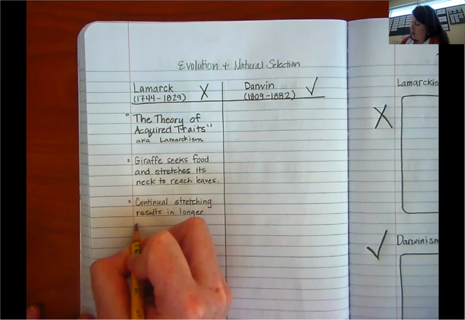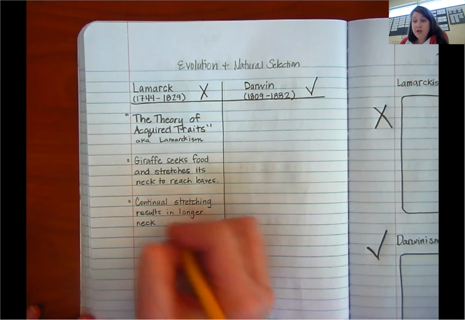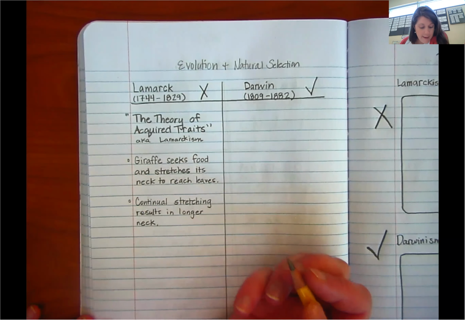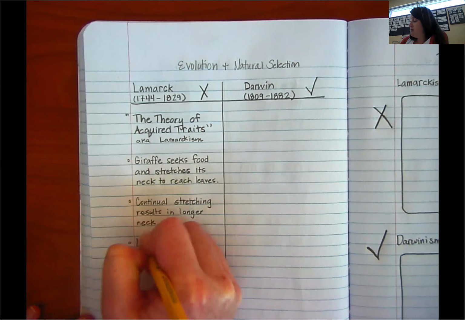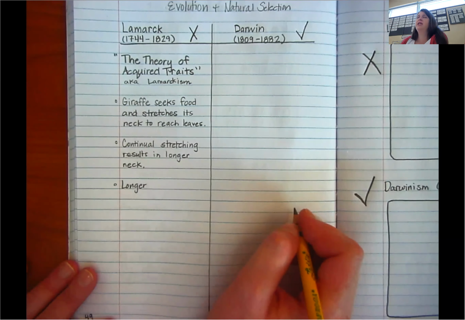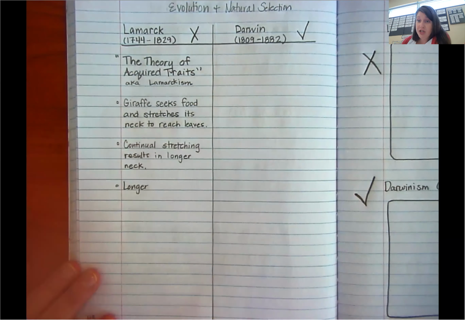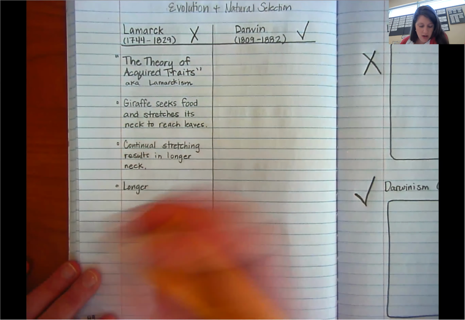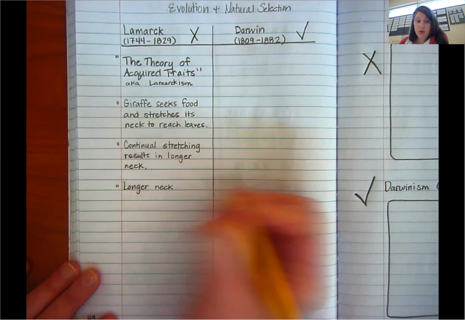So over time, these changes are caused by simply the need for those changes to exist. And that longer neck is going to keep getting passed down. So maybe it's not in one generation that it's really long, but over time it keeps getting passed down generation to generation. It's believed, oh, okay, well, longer neck is passed to offspring, and over time that is considered evolution.